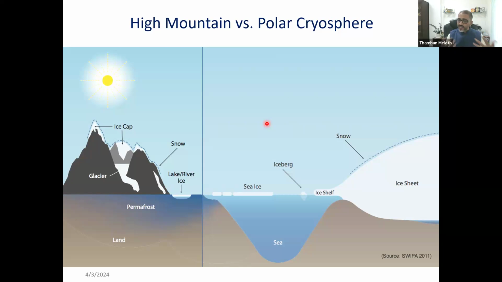Then you have various associated features like the formation of proglacial as well as supraglacial lakes, and various other factors which make the high mountain regions a highly complicated and complex system by itself.